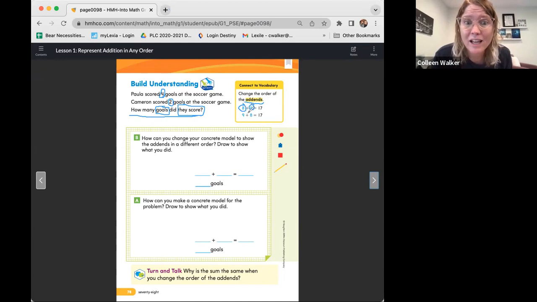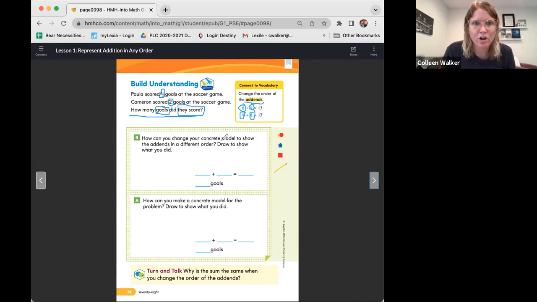In 9 plus 8 equals 17, what are the addends? What are the numbers that you are adding together? If you said 9 and 8, that's correct. Those are the addends. Okay, so now we can move on to part B.